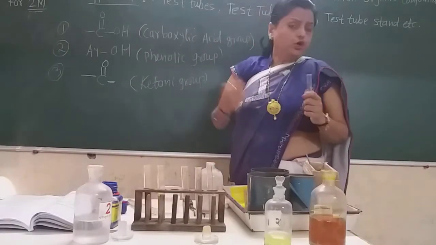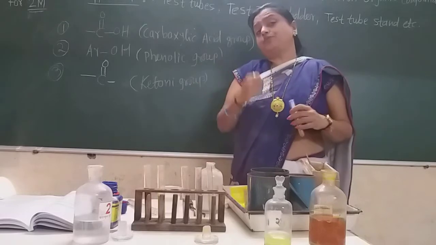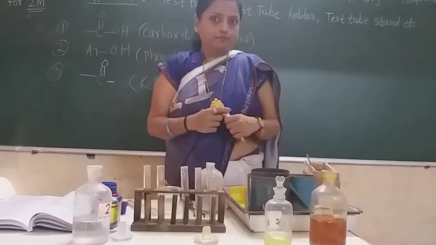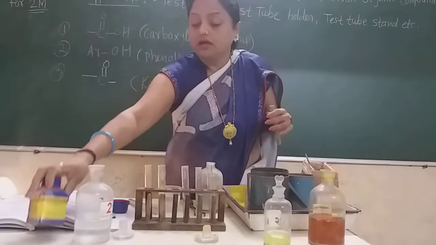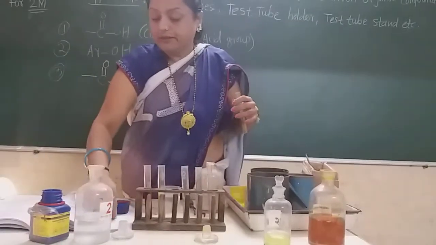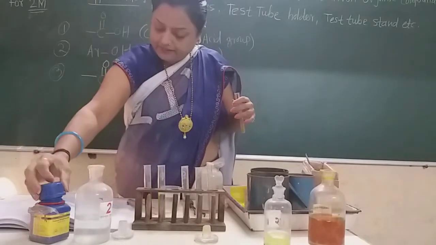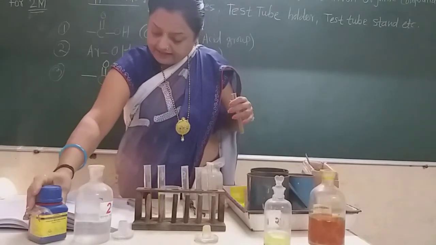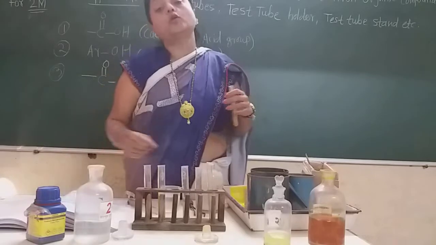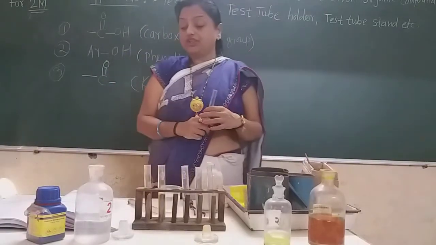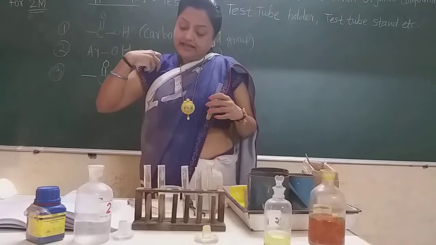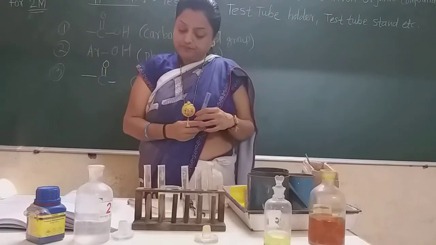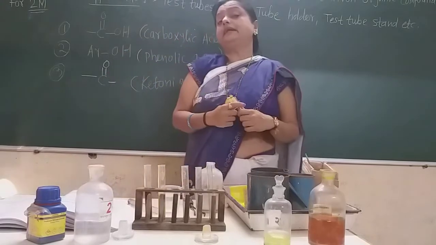After ketone, there is the test for the amino group, the basic group, that is the basic compound in organic chemistry. If there is an amino group, then an orange red dye is formed there. The test is: take some amount of the substance and add concentrated HCl.